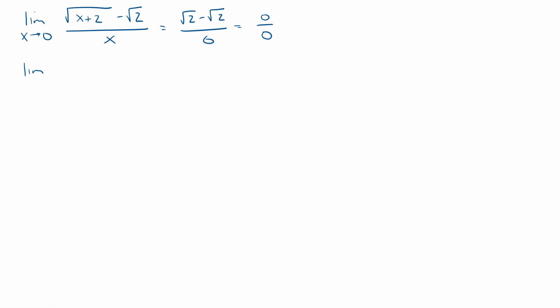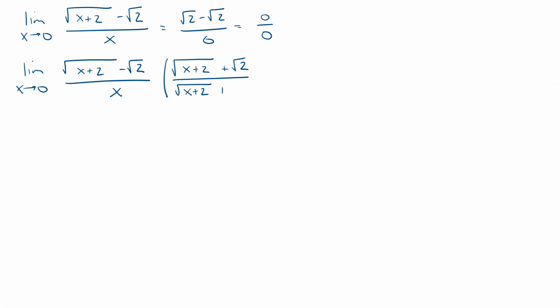So I'm going to start again, and I'm going to multiply by the conjugate, top and bottom. Drag the limit with us, and just keep the terms separate on the bottom, but FOIL the terms on the top.